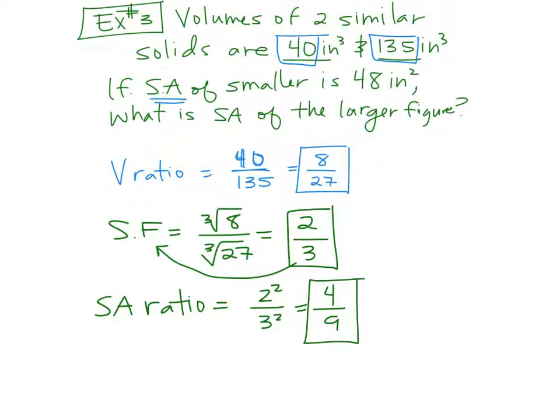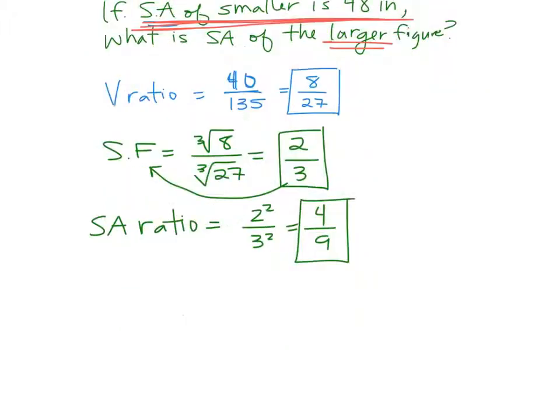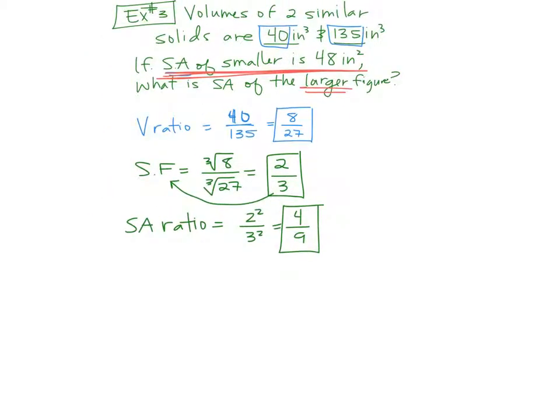Okay, now here's the deal. That was several steps, but you're not done. Don't stop there. You want to know the surface area of the smaller figure. Keywords here. Sorry, they give you the surface area of the smaller figure. What is the surface area of the larger? So you take that surface area ratio, 4 to 9, and you set up a proportion. Where is that 48 going to go? On top. It's the smaller. So put it across from the smaller, x on bottom, and then you cross multiply that.